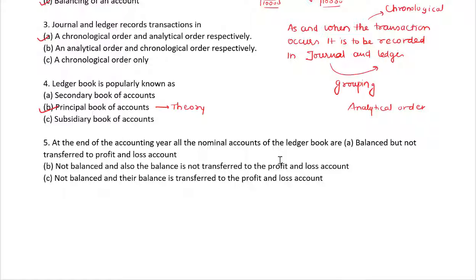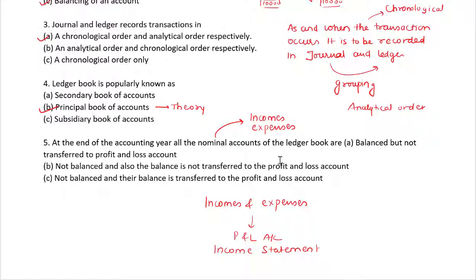Students, all of you know that in nominal account we record incomes and expenses. These two things, incomes and expenses, are recorded where? They are recorded in profit and loss account, that is income statement. But it won't be balanced. So over here, the answer is C, that is not balanced, but their balance is transferred to profit and loss account.